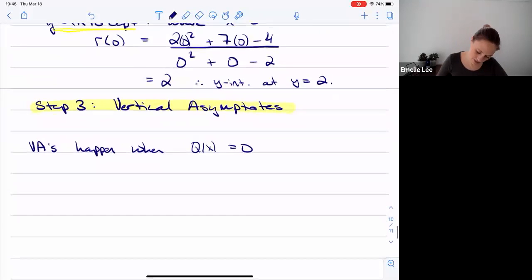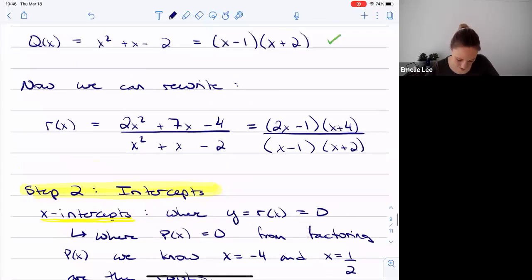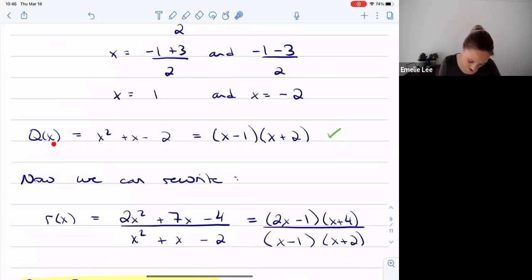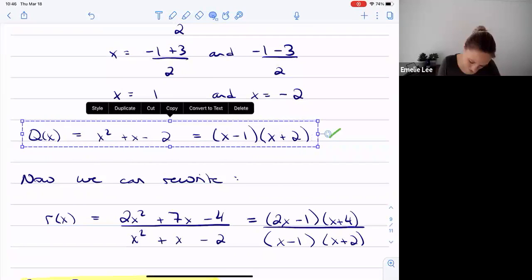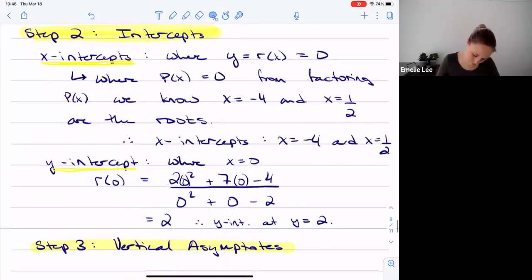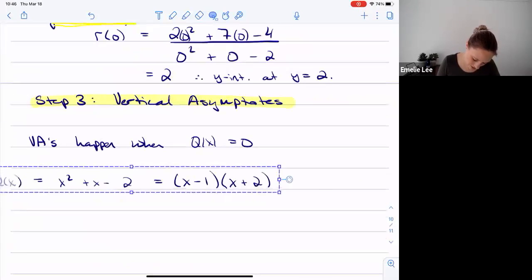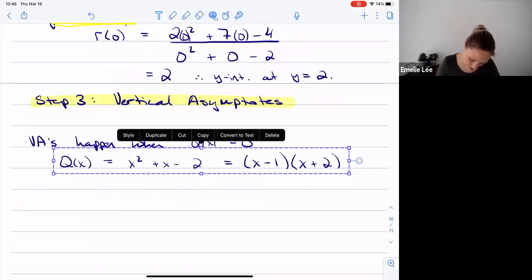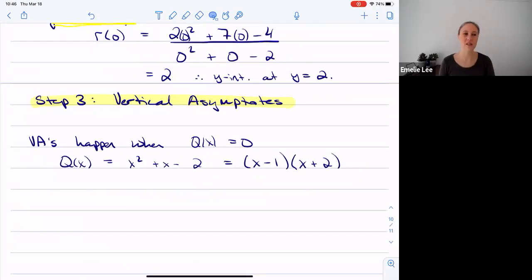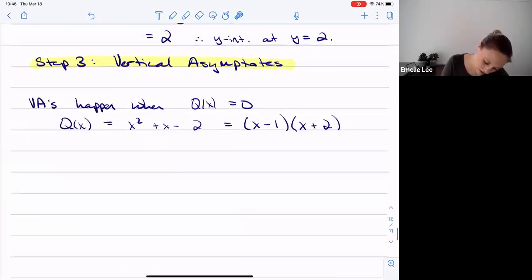So q of x equals 0. q of x we have already factored and we've worked it out, so I'm going to grab it here, copy, paste. So q of x equals this. And so here it's easy to see that when x equals 1 and when x equals -2, we have vertical asymptotes.